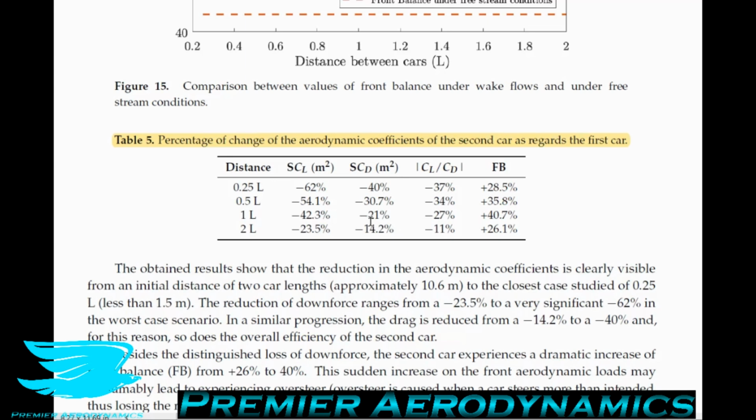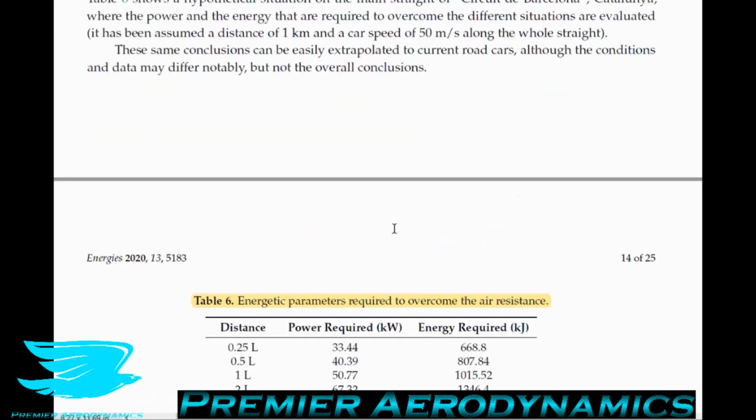This is quite amazing: it shows the lift area at 0.25 times the length of a car downstream drops by 62%, whereas the drag area only drops by 40%. So the lift to drag ratio drops by a total of 37%. In other words, the car has become less efficient overall. But because the drag coefficient has dropped as well, that is not necessarily a bad thing overall. It just shows that they change at differing rates.